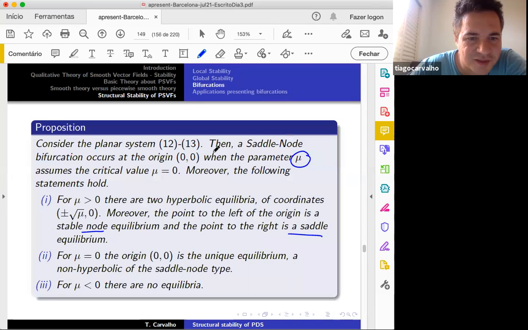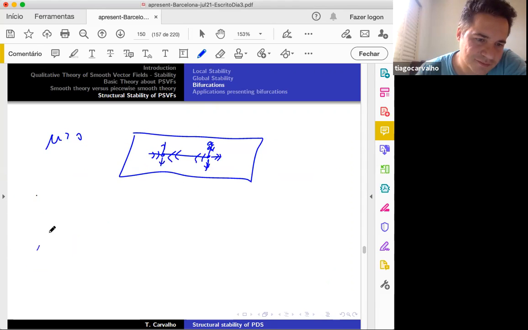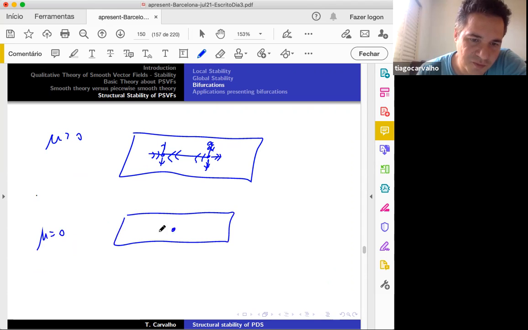And for mu equal to 0, these two points crash; they collapse at a single point.